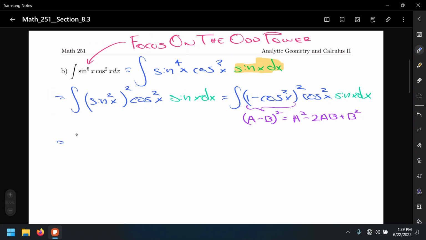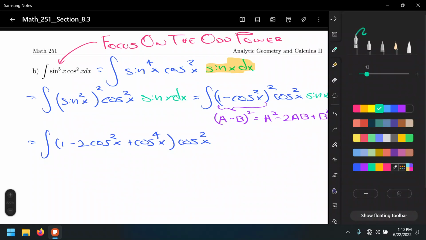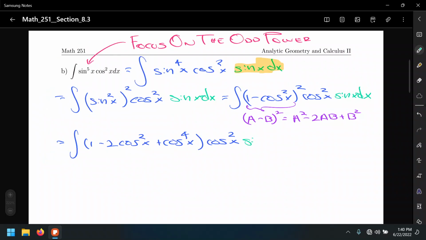So 1 squared, which is 1, minus 2 cosine squared x, and what else? Cosine squared would be cosine to the 4th power, times cosine squared x, and times the factor that stands for the du part of the problem.